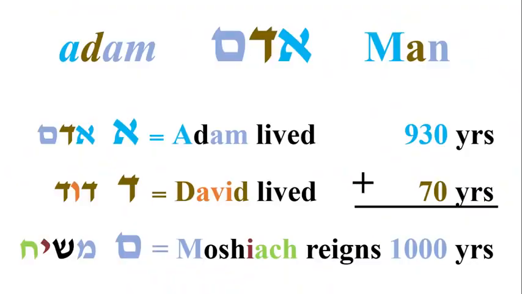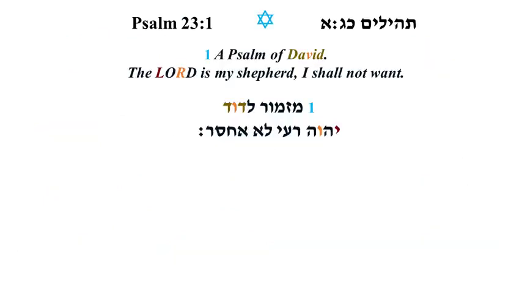Mashiach, when he comes back, is going to rule and reign for 1,000 years when Jesus returns. And these are the three in the word Adam, man: Aleph, Dalet, Mem. Aleph is Adam, 930. Dalet is David, 70. And the son of David is Mashiach, 1,000. 930 plus 70 equals 1,000. Very, very clever.